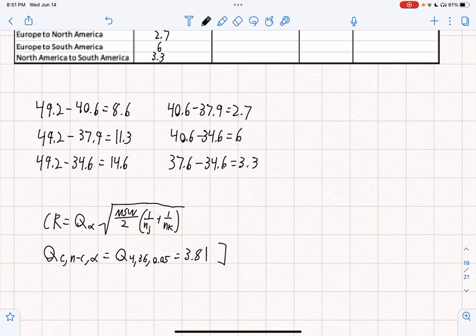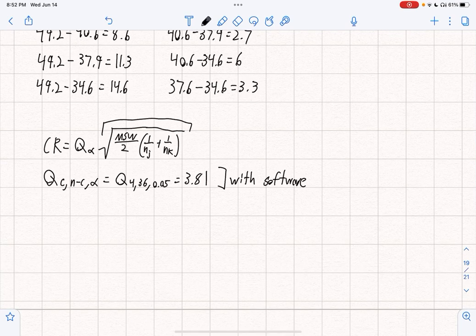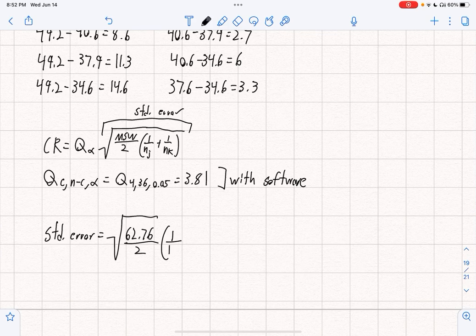And again, we're just going to use software. There are tables in the back of the book, if you want to look at those, feel free, but I'll show us how to do it in a more streamlined fashion. I'm going to call this our standard error. So let's calculate that. The standard error would be the square root of MSW, which was 62.76, over 2, and then all our sample sizes were 10, so 1 over 10 plus 1 over 10.